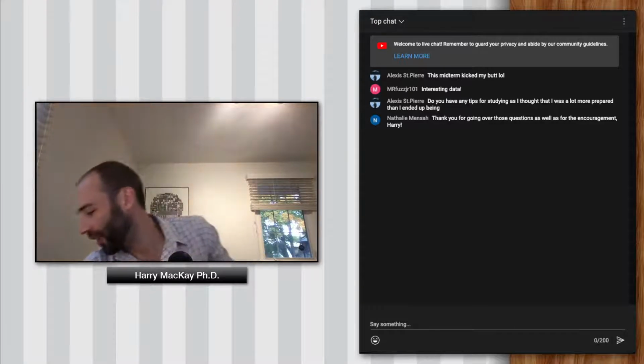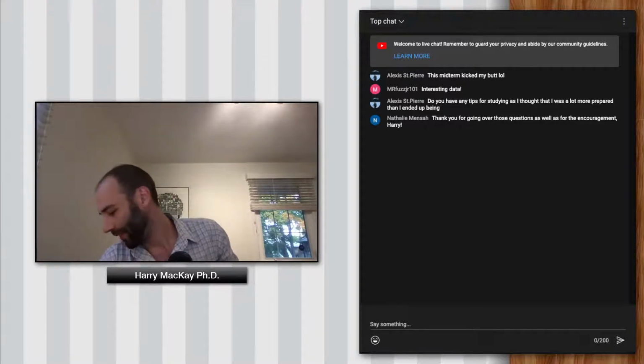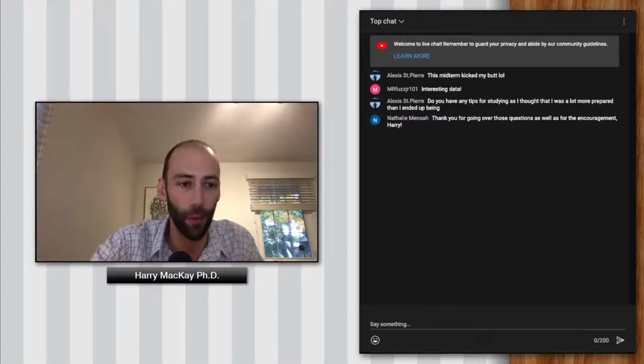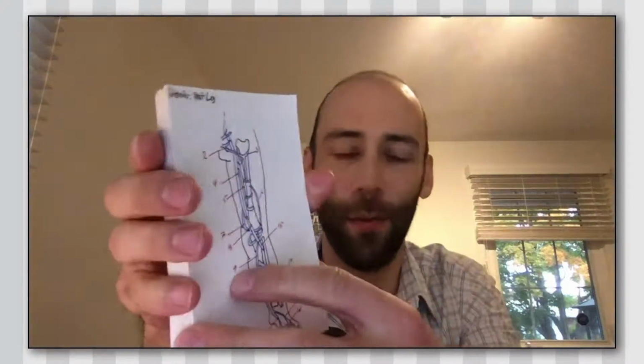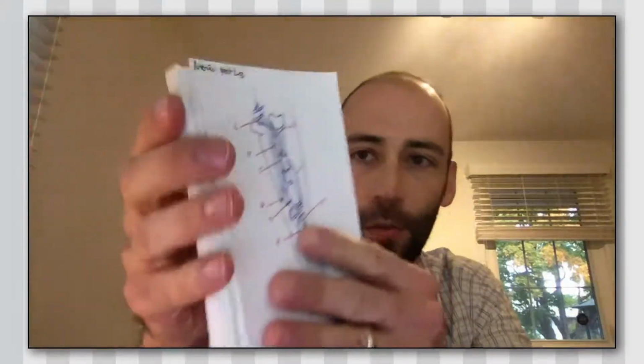I was thinking actually, when I was looking at the ridiculous amounts of time I used to have to devote to studying, I was looking at these flashcards I made when I was an undergrad. I was digging through my house and looking through old material.